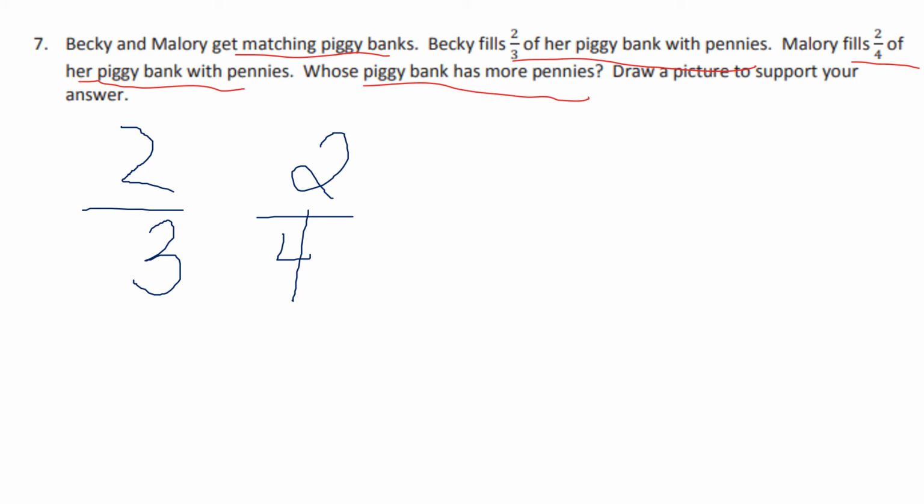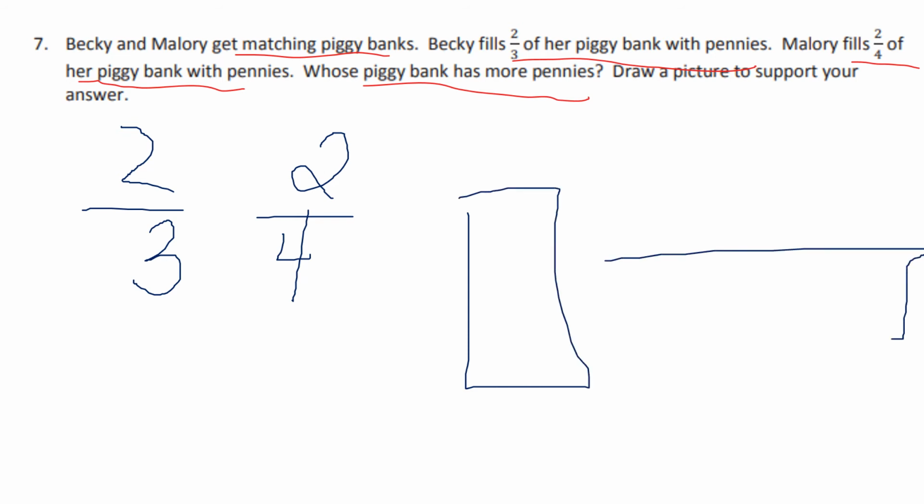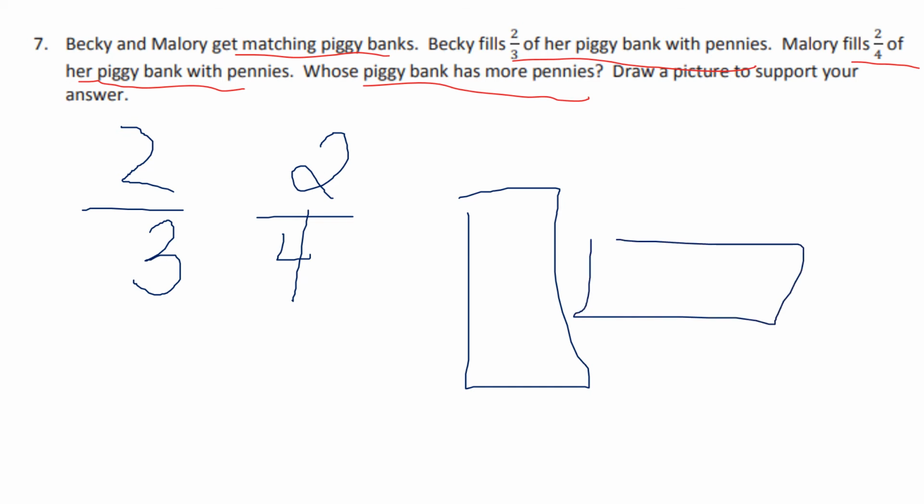And remember, you also want to label your piggy banks. And you can just, again, draw them out either going this way, if you want them upwards, or across. Oop, that went a little far. So it does not matter.